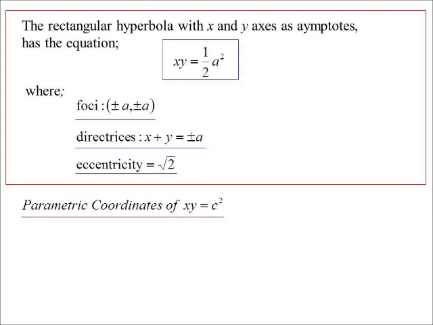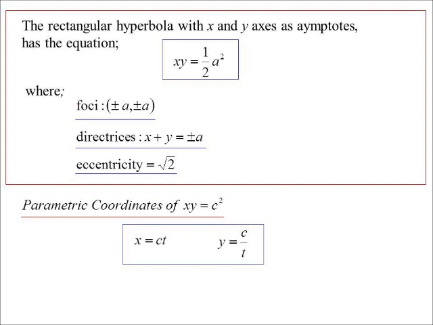Now, the parametric coordinates for it. This time you'll notice, instead of saying half a squared, again, it's just a constant number, I'm calling it c squared. So when we're dealing with parametrics, we call it c squared, because then the parametrics become really easy. We just say, well, x is c times t, y is c divided by t.